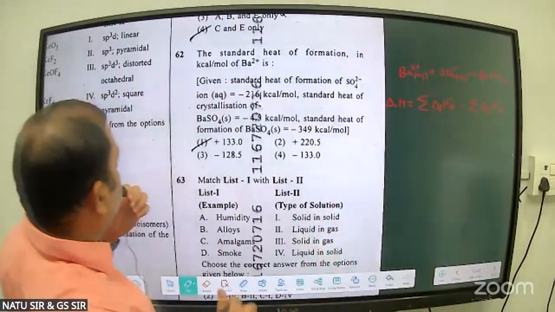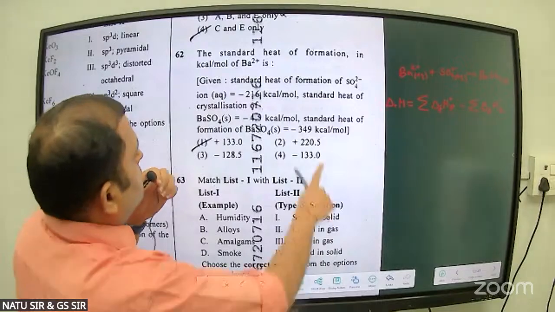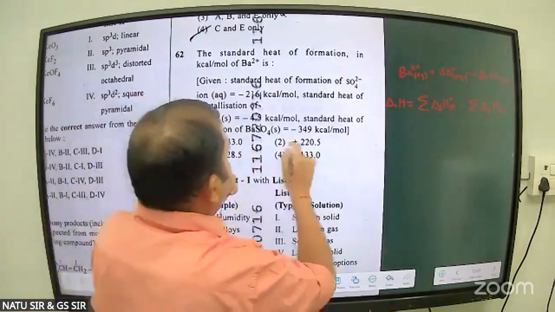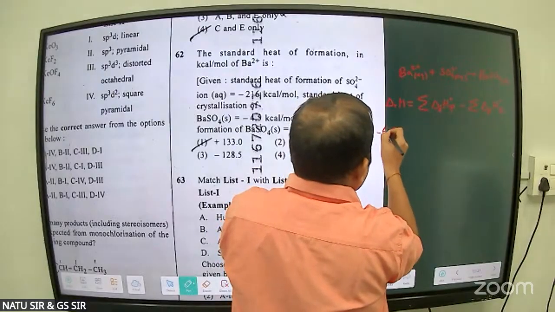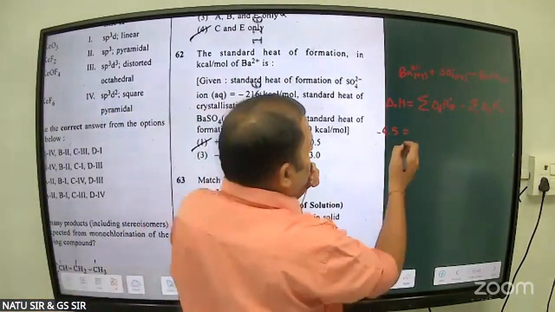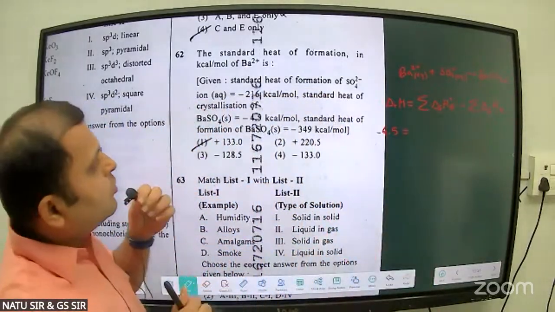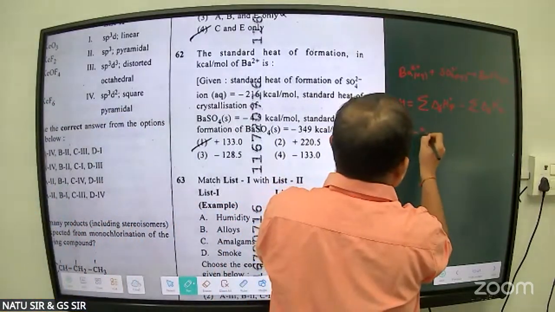So for this crystallization, they have already given us that the standard heat of crystallization is how much? Minus 4.5. So first of all, let us write here. Minus 4.5 is equal to. Now, what is there on product side? BaSO4. So for BaSO4, what is the standard heat of formation? It is minus 349.